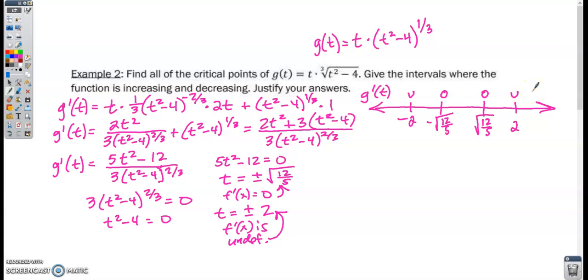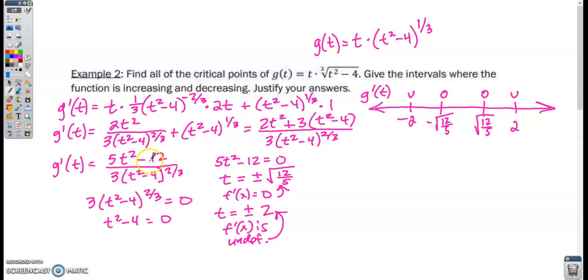And now what I need to do is I need to take some values in each of these intervals and substitute them into this function right here to see whether it is positive or negative. Okay, and this gets a little tough for some of these. I'm going to start with this middle interval. 0 is in this middle interval, so I can substitute 0 in here for t.